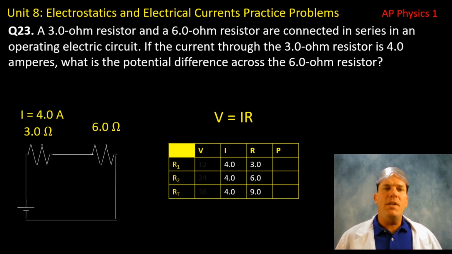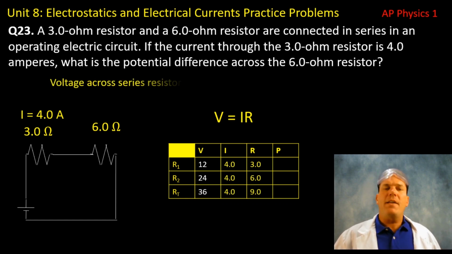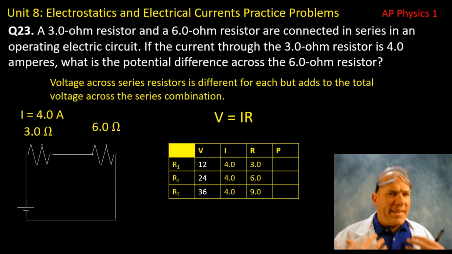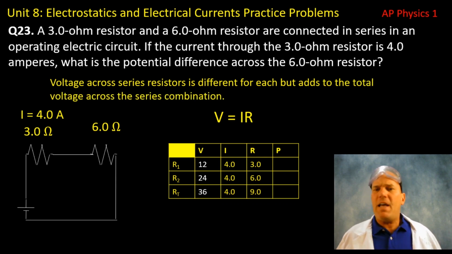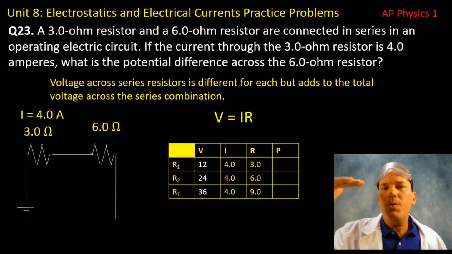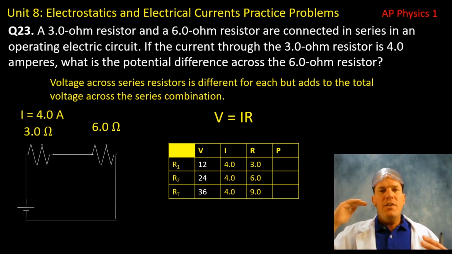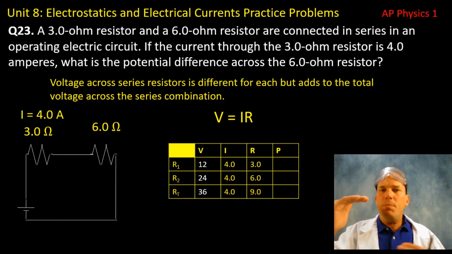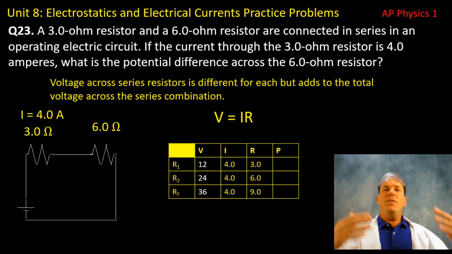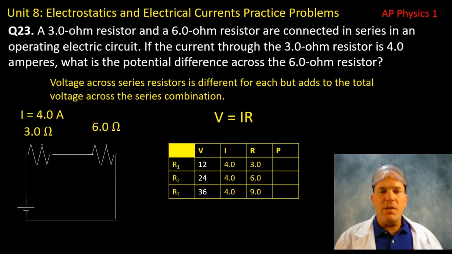So now what we need to do is use the fact that the voltage across series resistors can and will be different. However, it's additive. So you can simply go through for a series circuit and add those potential differences to get the total voltage drop across the circuit.